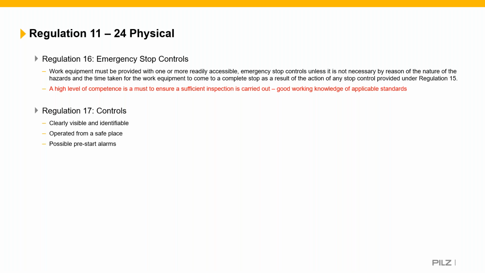And where required, there needs to be a consideration for pre-start alarms. So it could be some form of audio visual alarm to allow people to either make sure they're out of a danger area, or that they can then take control of an emergency stop device or something like that to stop the machine from starting.